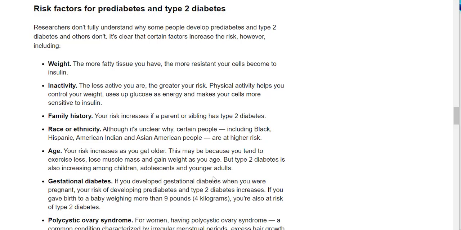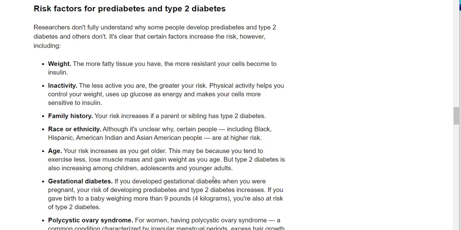Now, something that you will notice is that the same tests that are used to diagnose diabetes are the tests that are used to screen for diabetes. Now, we'll take a look at how they are used differently. What I mean by that is how they are applied differently, but the names of the tests and the process uses a lot of the same tools.